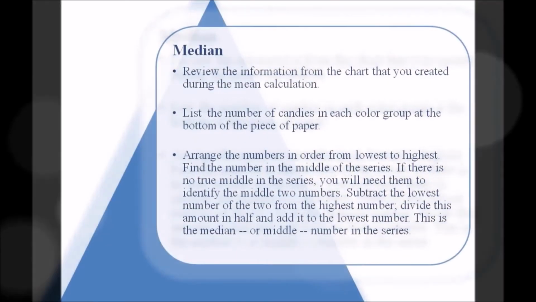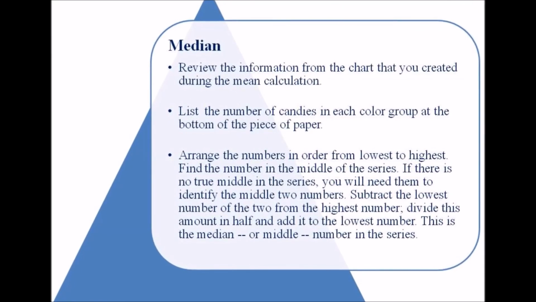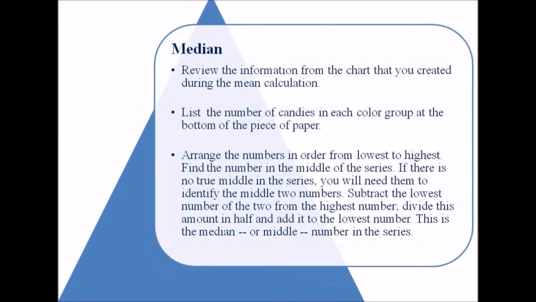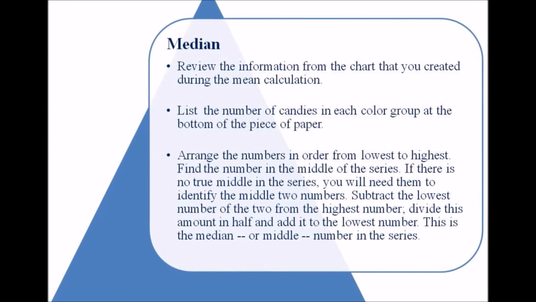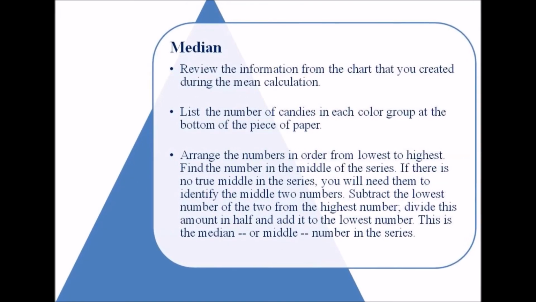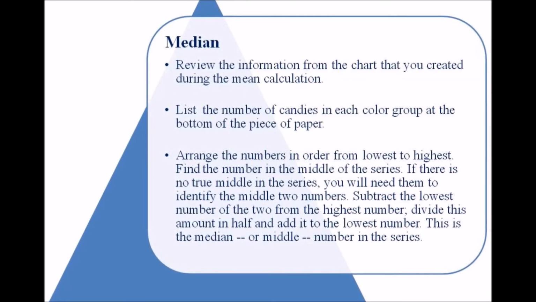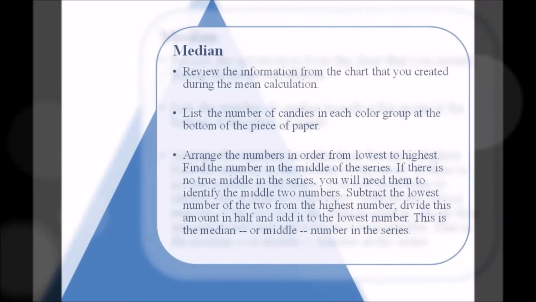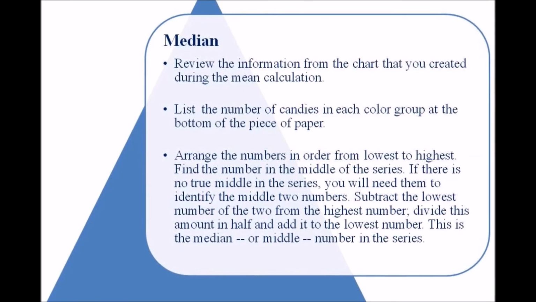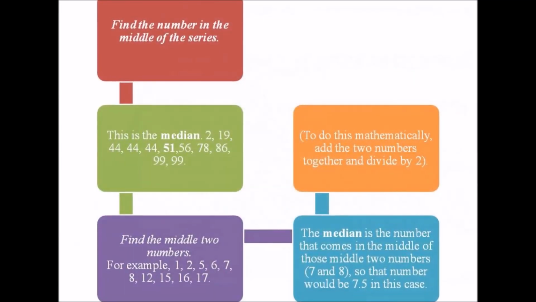If there is no true middle in the series, you will need to identify the middle 2 numbers. Subtract the lowest number of the 2 from the highest number. Divide this amount in half and add it to the lowest number. This is the median, or middle, of the numbers in the series.